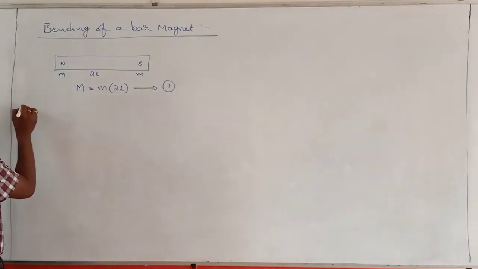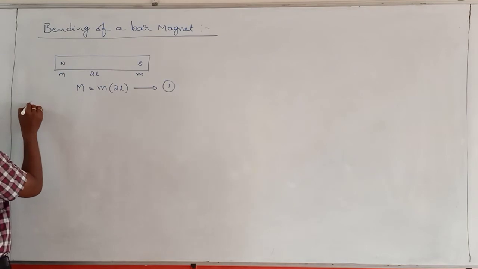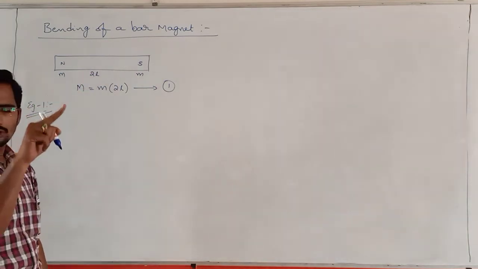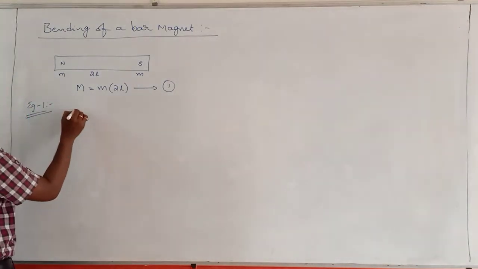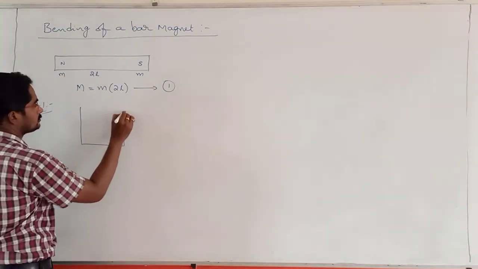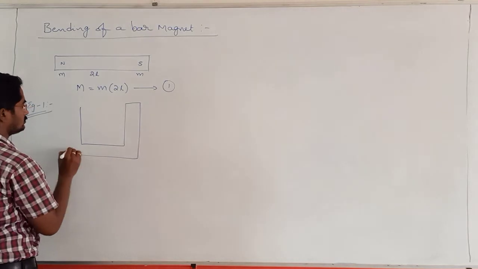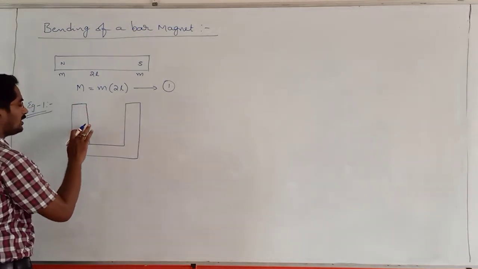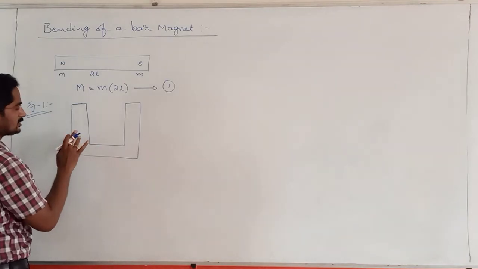Now, example 1. This magnet I am bending into a U shape, a capital U shape. What is its new magnetic moment?